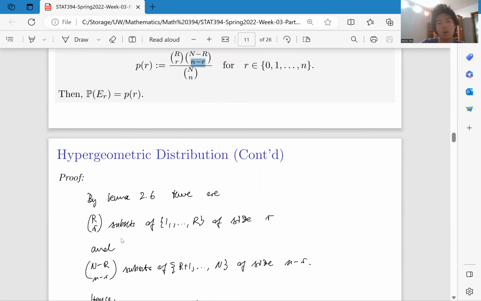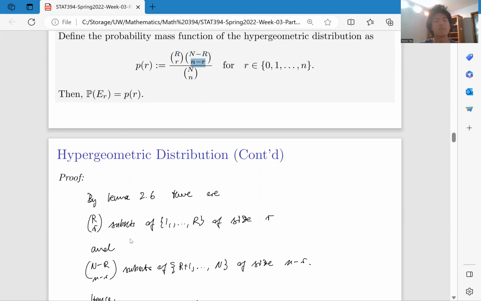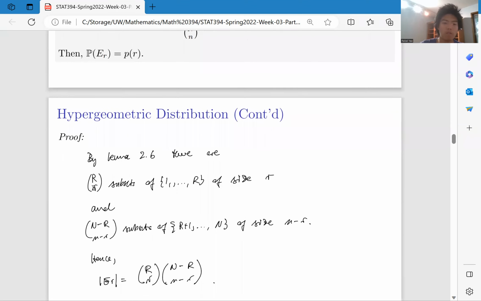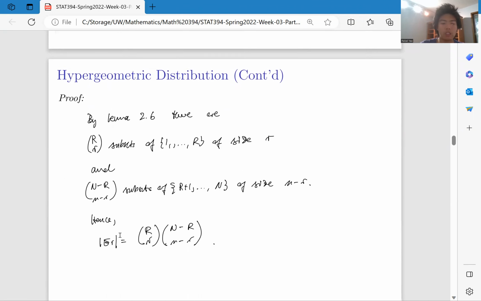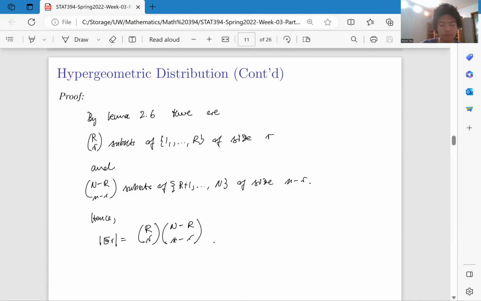So this is also N minus R choose n minus r. And because they form the same event at the same level, we multiply them. Using the principle of multiplication, the cardinality of the event E_r is equal to R choose r times N minus R choose n minus r, which is here.